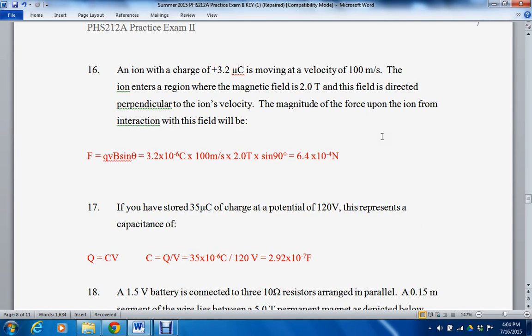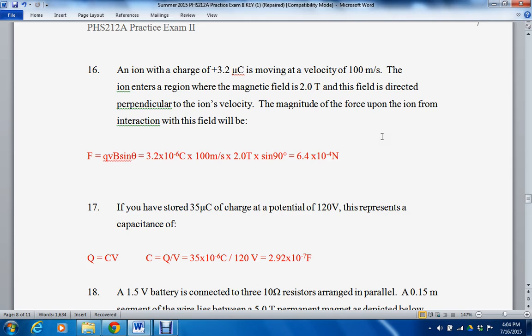Hey, an ion with a charge of positive 3.2 microcoulombs, that's positive 3.2 times 10 to the negative 6 coulombs, is moving at a velocity of 100 meters per second. The ion enters a region where the magnetic field is 2 Tesla, and this field is directed perpendicular, 90 degrees, so that means sine of 90 degrees is 1.